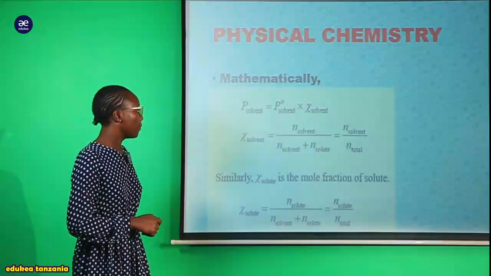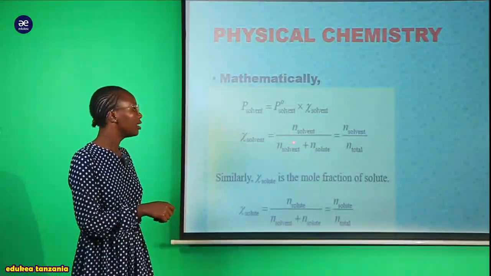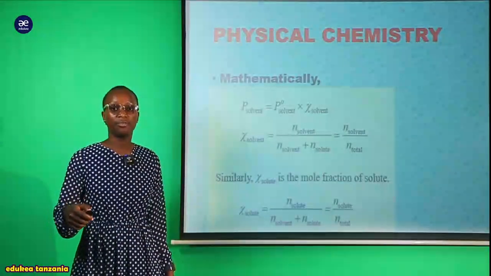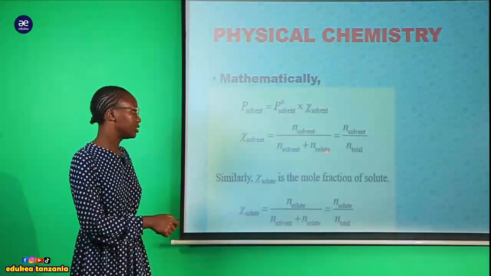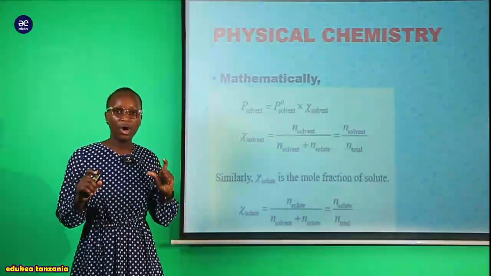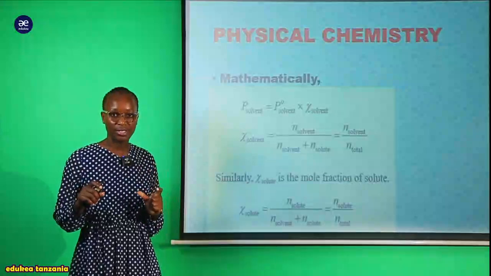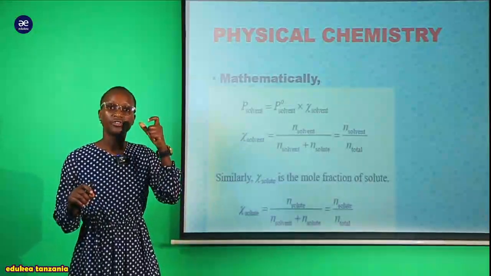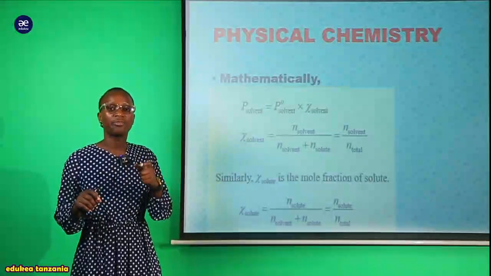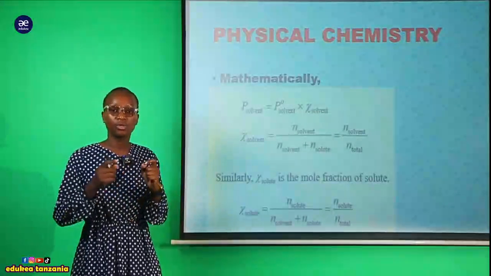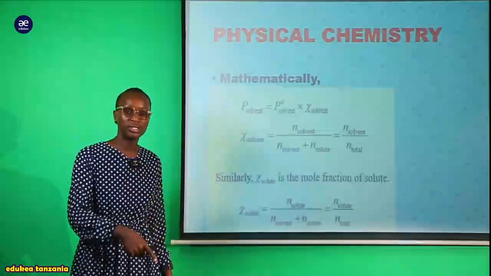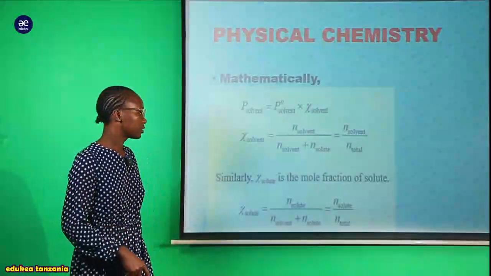Therefore can you see that mole fraction of solvent sasa ni number of moles of solvent over number of moles of solvent plus number of moles of solute. I think it is clear kwamba mole fraction of a solvent ni sawasawa na number of moles of solvent over number of moles of solvent plus number of moles of solute, kwa sababu solution tuna vitu viwili. Kwa hiyo total yetu itakuwa ni number of moles of solute na number of moles of solvent.